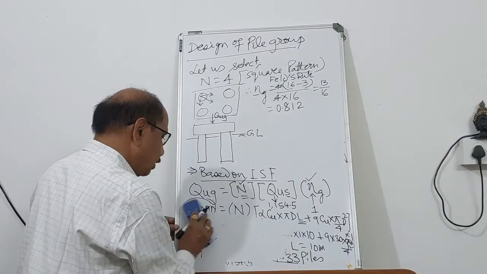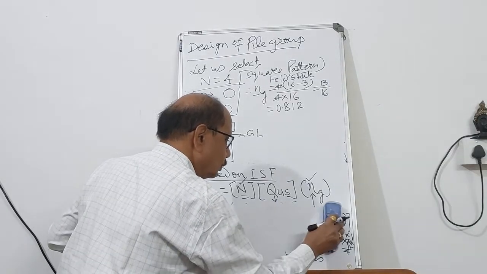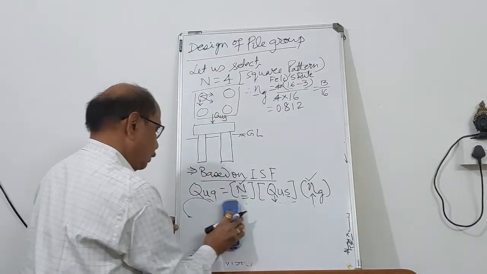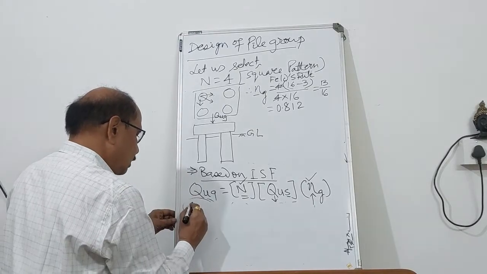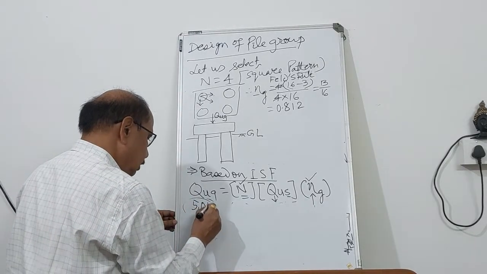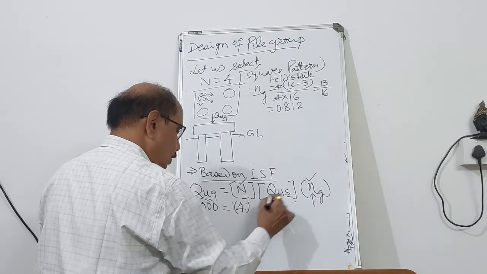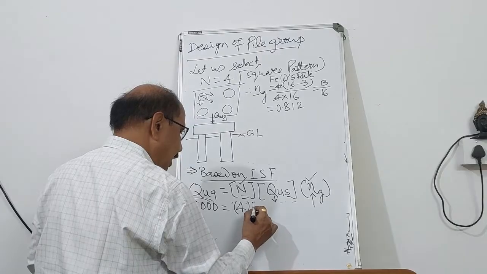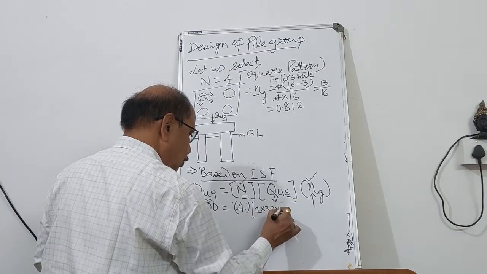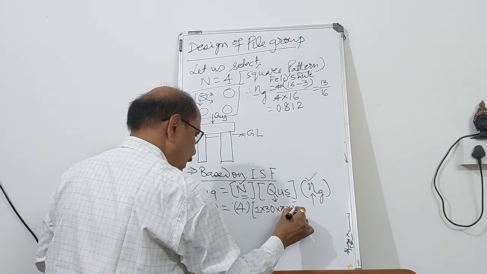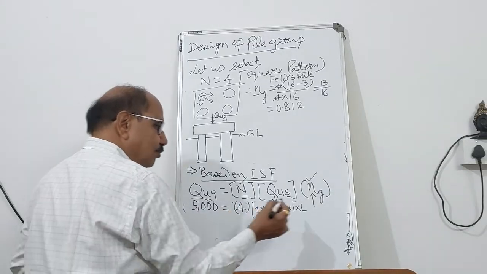So if you substitute, this is 5000 kilonewton. The number of piles, 4, is fixed now, and this will be alpha times Cu into pi into d. What is the length required?